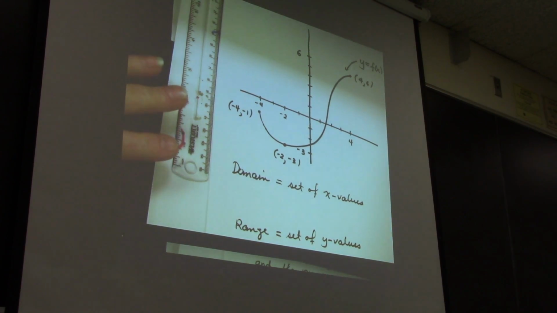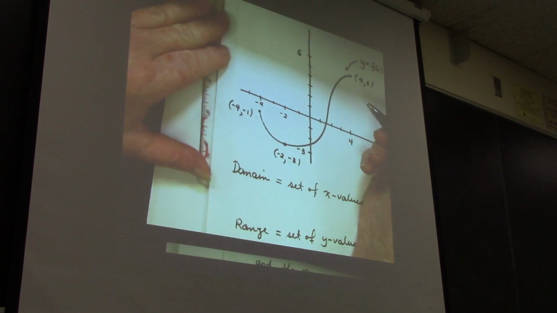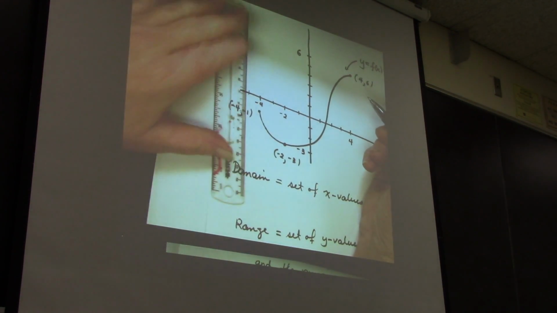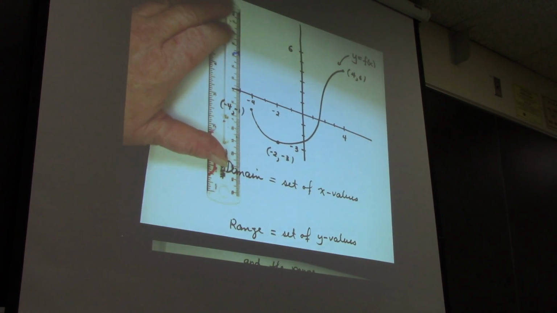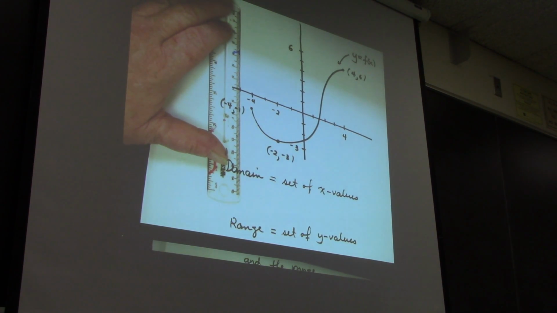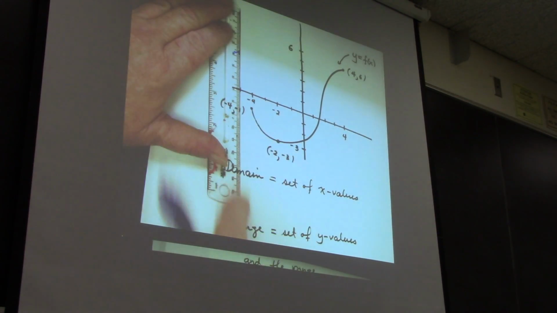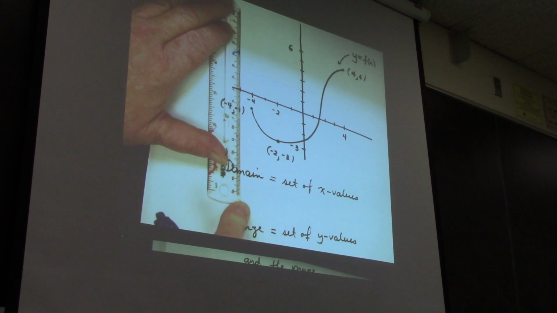So, for example, if I choose x equals negative 5, is there any y value corresponding to x equals negative 5 on this graph? No. There's no point on the graph corresponding to x equals negative 5. So negative 5 is not in the domain of the function.